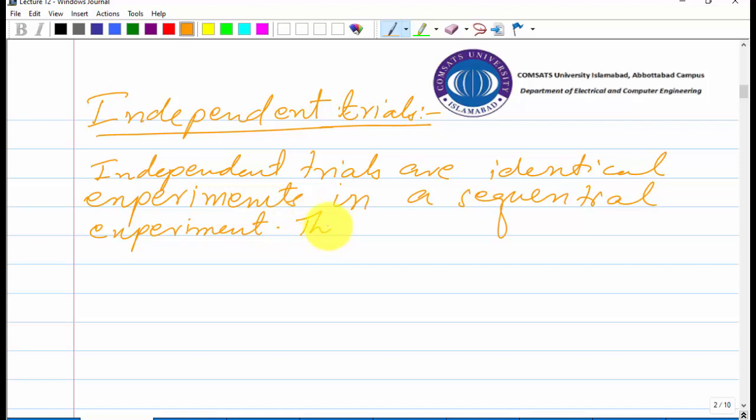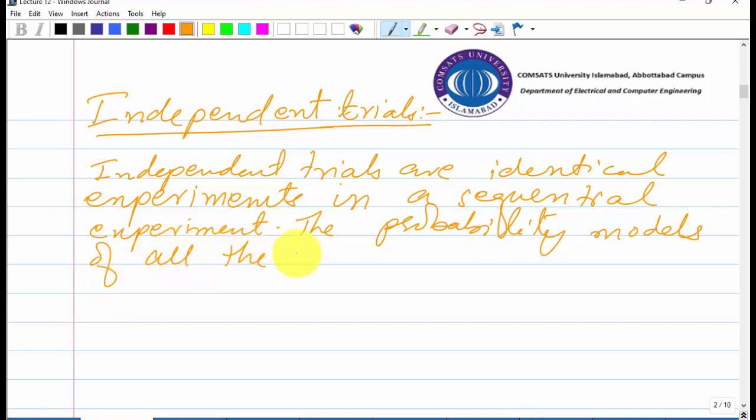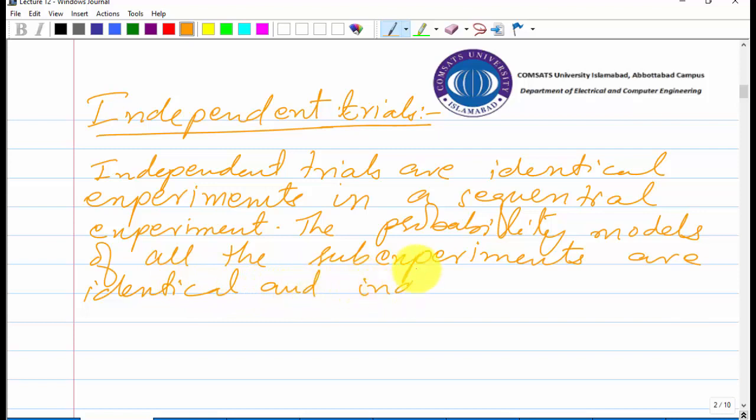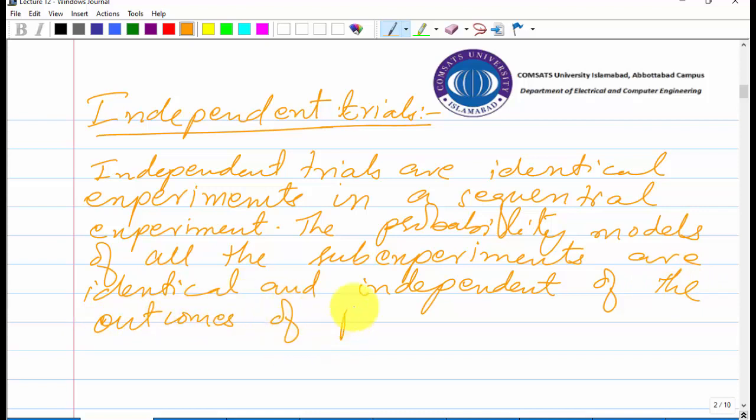The probability models of all the sub experiments are identical and independent of the outcomes of previous sub experiments.